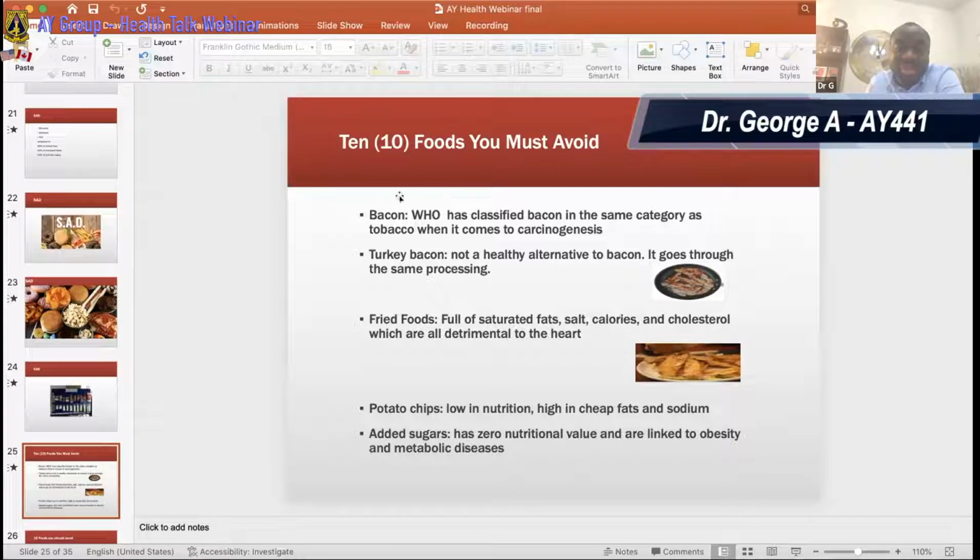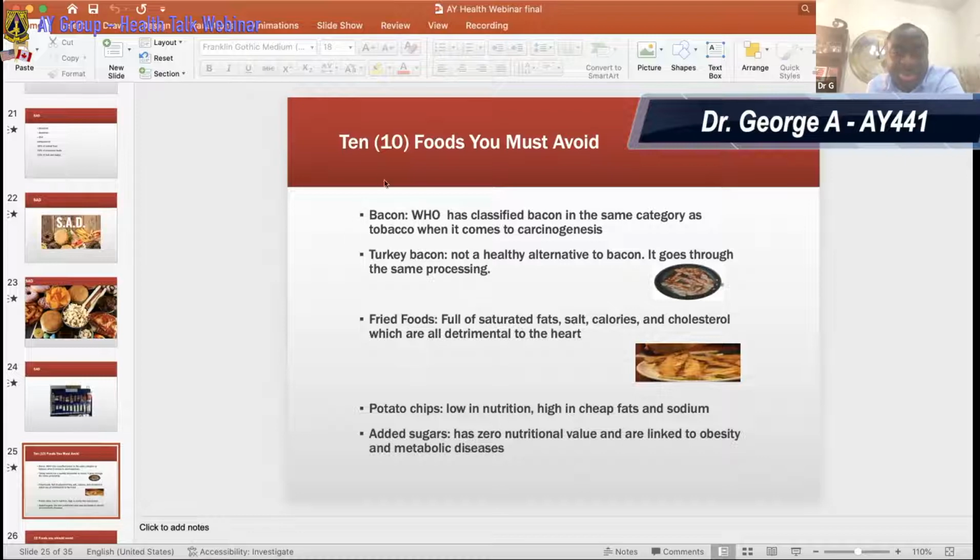According to the World Health Organization, they put bacon and tobacco in the same category. They are both carcinogenic, right? They cause cancer. So if you say I don't smoke, but then you go ahead and eat bacon, you are just as notorious as the guy who smokes.